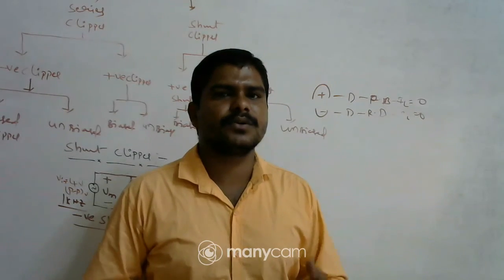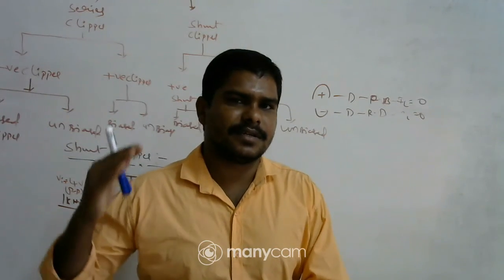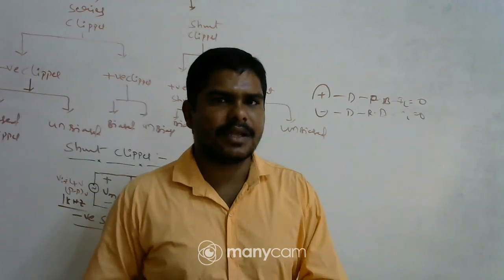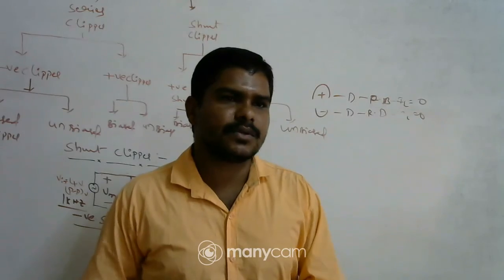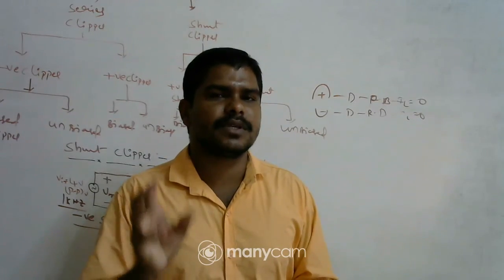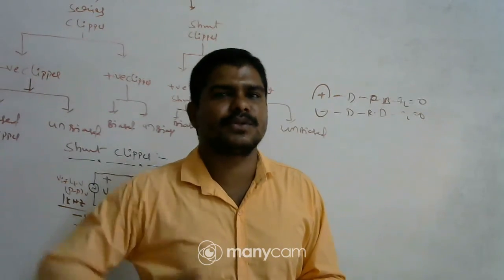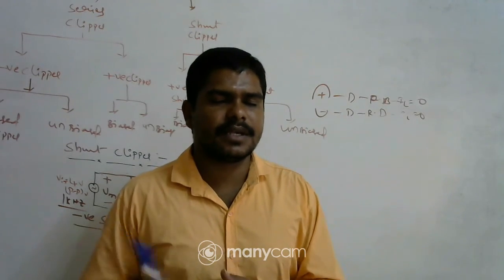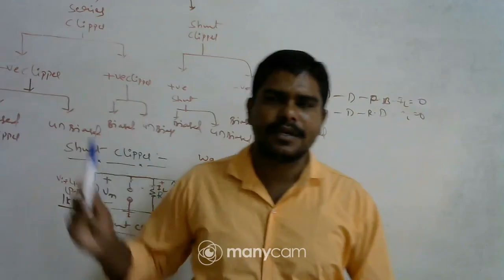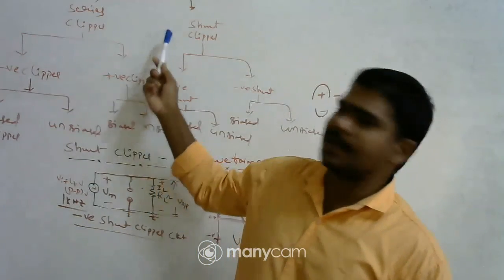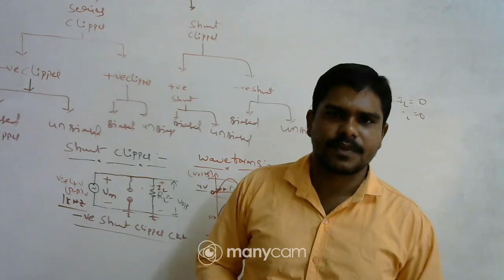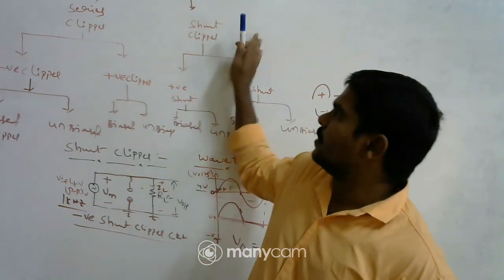I don't want to listen to that much amplitude, so I want to reduce the amplitude of that audio signal. We reduce the amplitude by using this type of clipper series and shunt circuit. Right, this is about clippers.